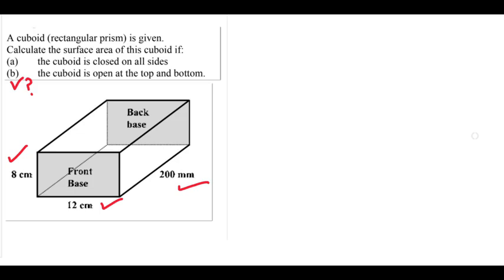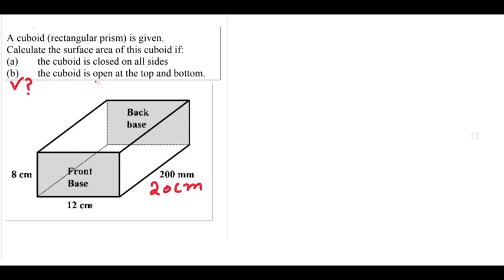When you go from millimeter to centimeter, remember earlier I showed you, you have to divide. So the 200 millimeter divided by 10, the answer is 20 centimeters. So this is 20 centimeters.